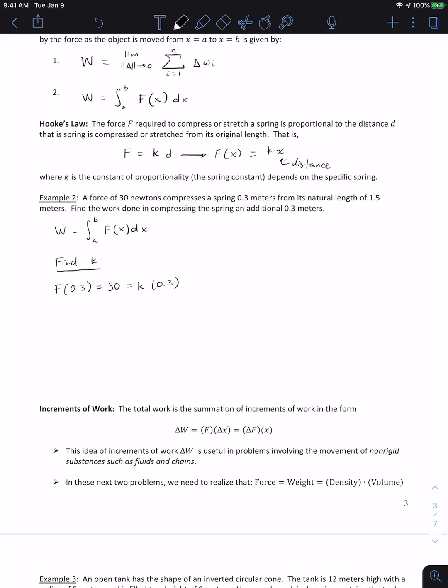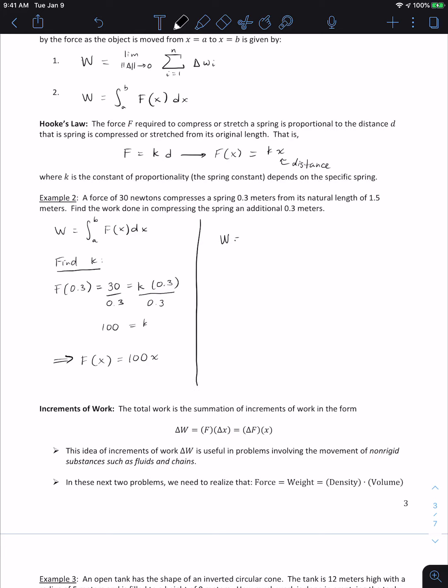So now I can solve this equation by dividing by 0.3, and that gives me 100 equals k. So my force function for this problem is F of x equals 100x, because k we solved to be 100. Now that we have a force function, we're able to solve for work.